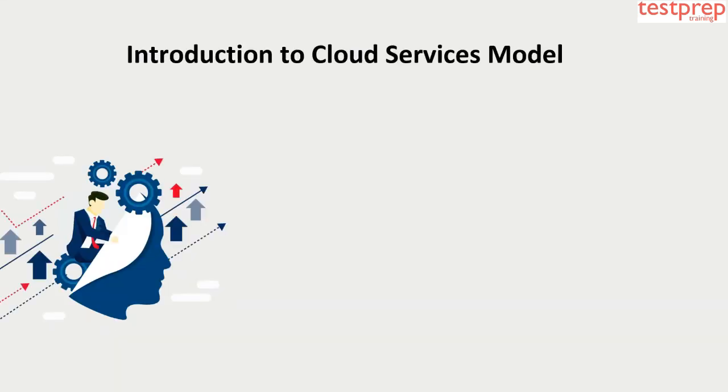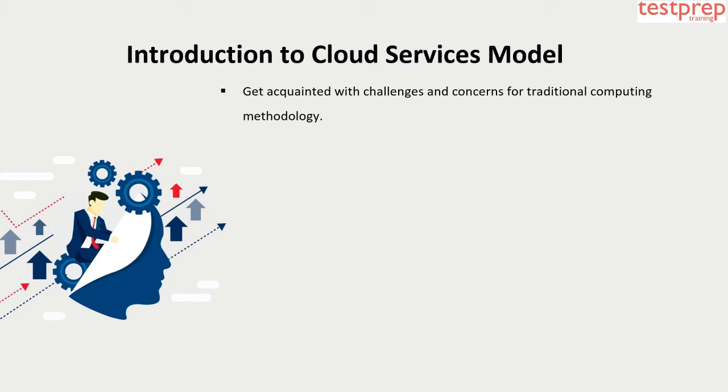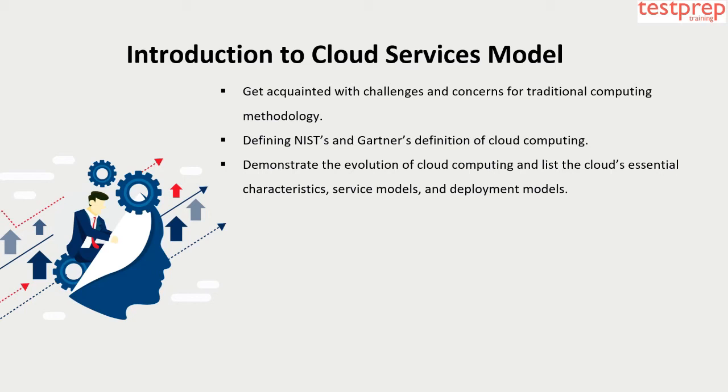Domain 2, Introduction to Cloud Services Model. This can be explained in 7 parts. 1. Get acquainted with challenges and concerns of traditional computing methodology. 2. Defining NIST's and Gartner's definition of cloud computing. 3. Demonstrate the evolution of cloud computing and list the cloud's essential characteristics, service models, and deployment models. 4.